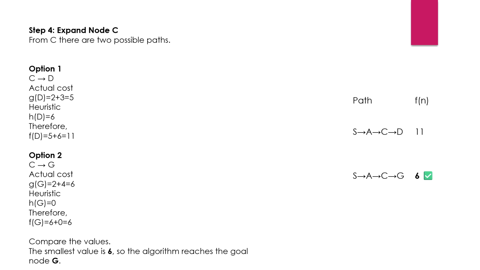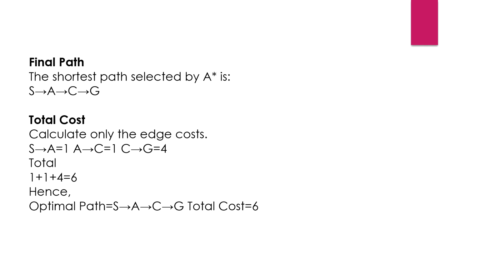Now finally we will get the path S to G equal to SACG. That means path cost is 6. And the final path selected by A-star is SACG. And the total cost of the search is S to A equal to 1, A to C equal to 1, C to G equal to 4.